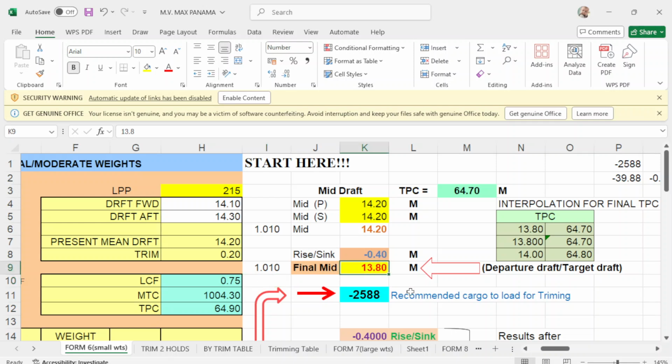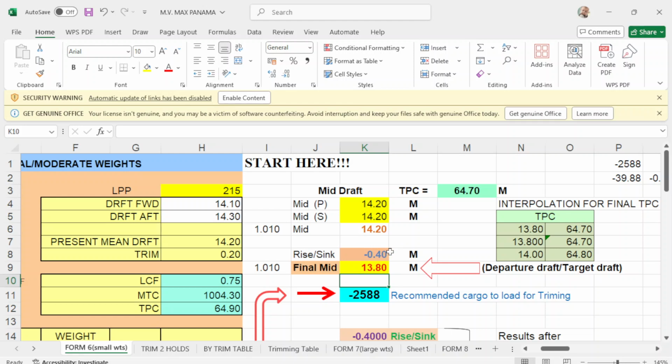Now, take note that your departure draft or your target draft is 13.8. So you put here 13.80 as your departure draft, and take note that you have negative 0.40. What we call this one is rise.